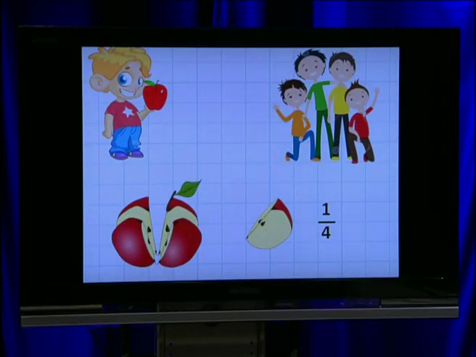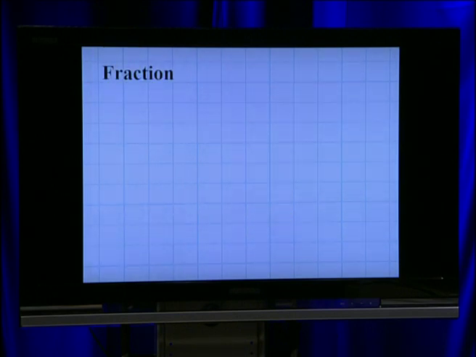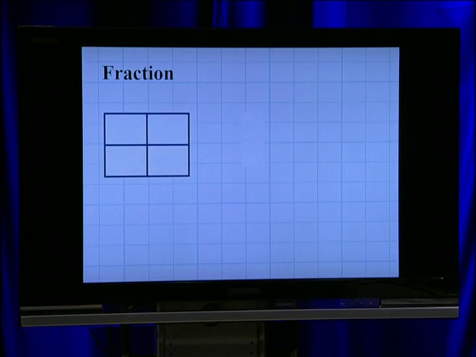Now let's learn some more about fractions. Look at this shape here. It's a rectangle, right? This is a whole shape. How many parts has this shape been split into? Let's count. 1, 2, 3, 4. Now watch carefully.